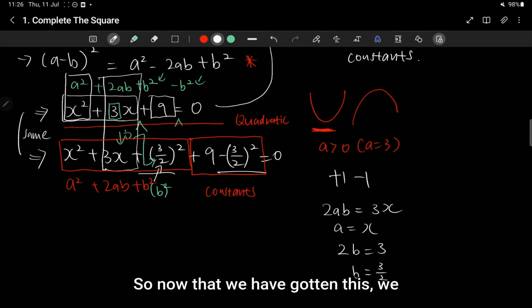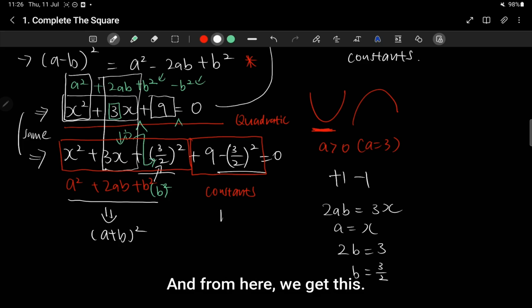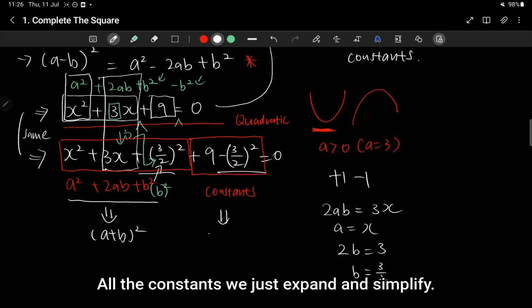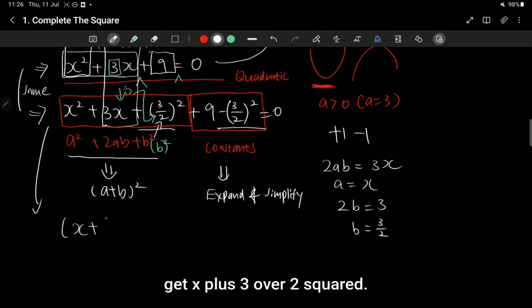So now that we have gotten this, we can factorize this into (a plus b) squared. And from here, all the constants we just expand and simplify. So from here to here, we will get (x plus 3 over 2) squared.